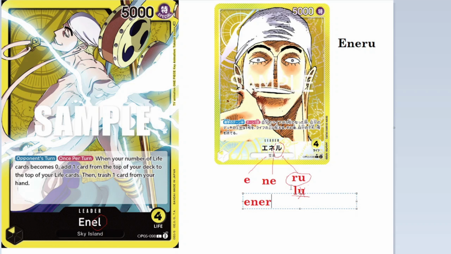You could not pronounce his name Ener based on this katakana spelling of it because ER typically will be converted to katakana using the katakana, which, if I can draw it here, actually looks like this.